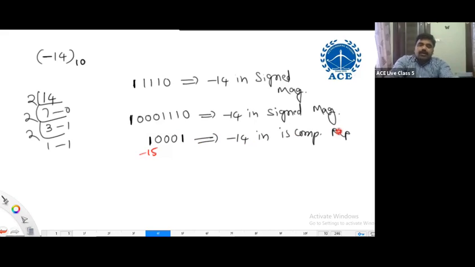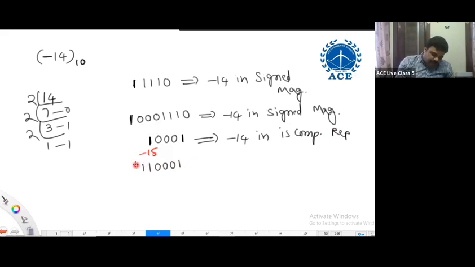Now, I want to get minus 14 in 1's complement representation using 8 bits. Point should be understood correctly. Then originally 10001 is minus 14, but I want to use 8 bits.